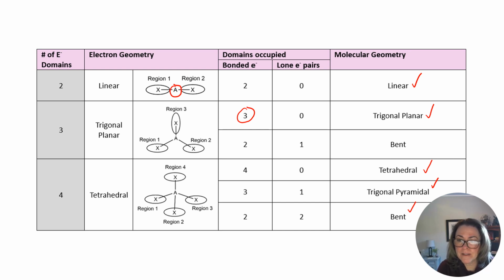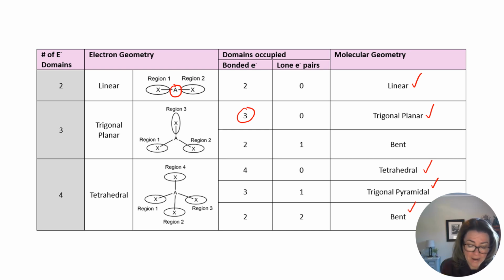I'm going to go ahead and skip bent trigonal planar electron geometry. We generally don't see that very much in organic chemistry, but the last piece we see a lot: the electron geometry of tetrahedral. We are dealing with carbons, oxygens, and nitrogens, and so we're going to see all of these shapes.